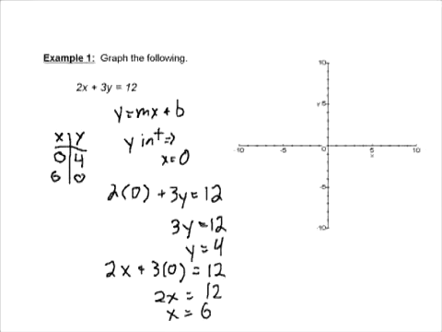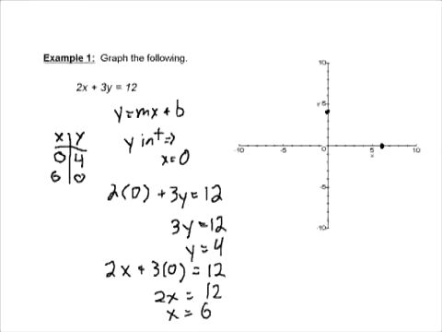So now we can put those points on our coordinate system. We go to x equals 0, y equals 4, and we put a dot. And we go to x equals 6, y equals 0, and we put a dot. And now we want to draw a straight line. When we're drawing lines, you want to use a ruler all the time, and I'm going to try and do this here on the computer the best I can with a straight line.